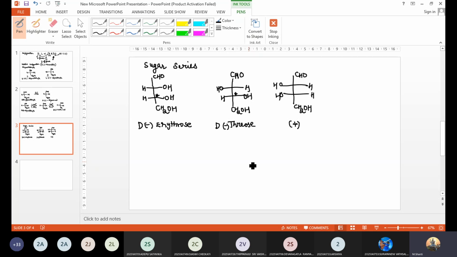L, ma'am. Is it D or L? L. Very good. Name of this molecule? This is called erythrose.